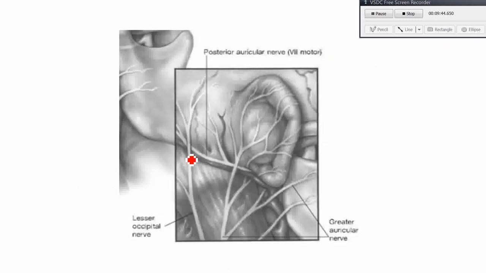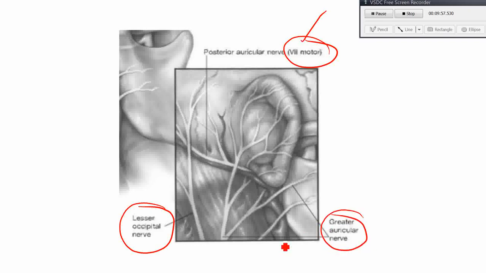So this is the posterior auricular nerve, seventh motor posterior auricular nerve, and this is the lesser occipital nerve, and this is the greater auricular nerve. As you know, the greater auricular nerve is just below the pinna, as you could see here. It is more important during parotidectomy surgeries.